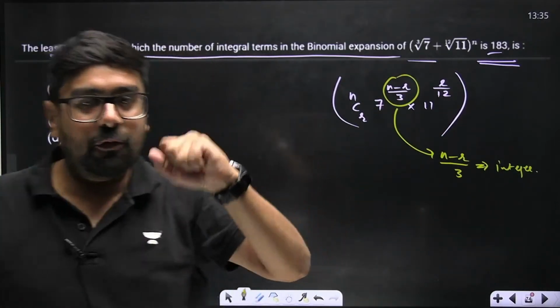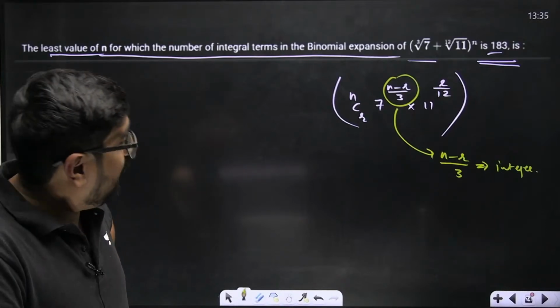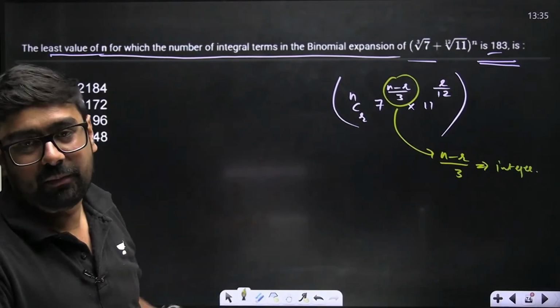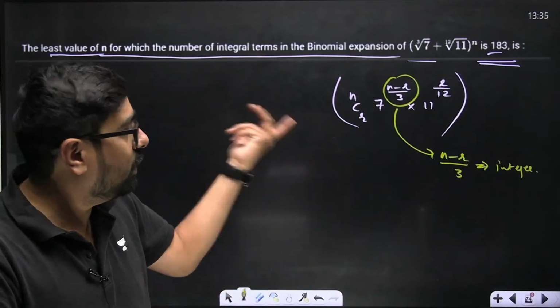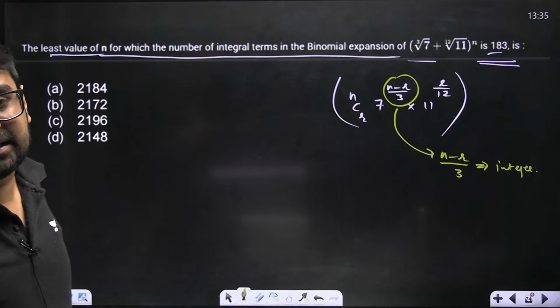We cannot only focus on r this time, we have to take care of n also. So n also has to be a multiple of 3, and if n is a multiple of 12, then it will always be a multiple of 3. This was the catch in this question.